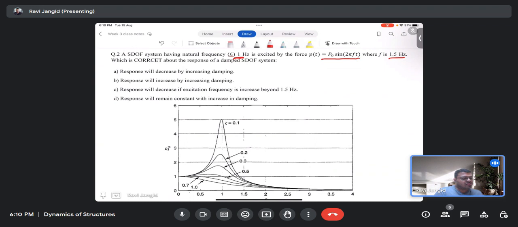Can you tell me which options are correct: the response will decrease by increasing the damping, or the response will increase by increasing the damping, or the response will decrease if excitation frequency is increased beyond 1.5, or the response will remain constant with the increase in damping?